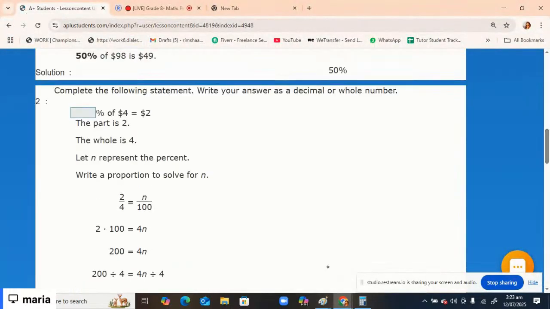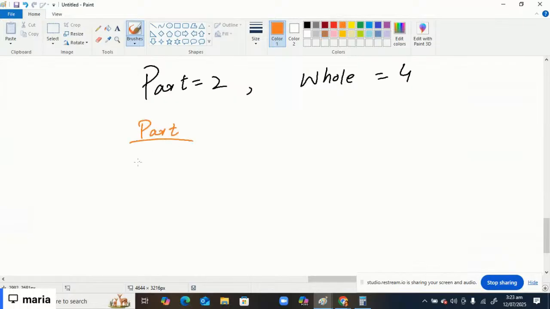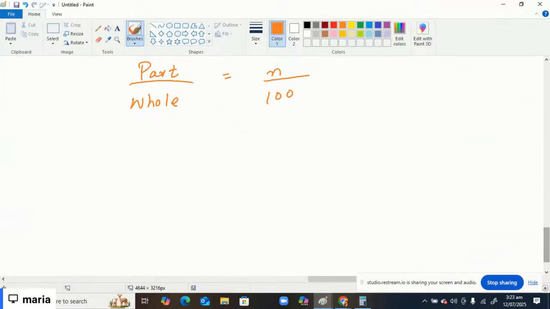Which percent of $4 is equal to 2? Part is given, which is 2, whole is given, that is 4. So what is the formula? That is part over whole equals n over 100. Part is 2, whole is 4, n over 100.